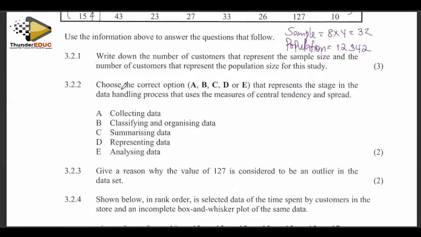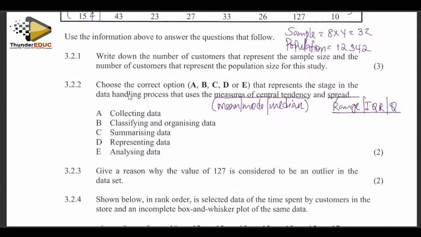All right. Choose the correct option, A, B, C, D, or E, that represents the stage in data handling process that uses the measures of central tendency and spread. Let's remind ourselves, measures of central tendency. Here we have the triple M, which is mean, mode, and median. Whereas spread, we have range, the IQR, the quartiles themselves, these measures of spread.